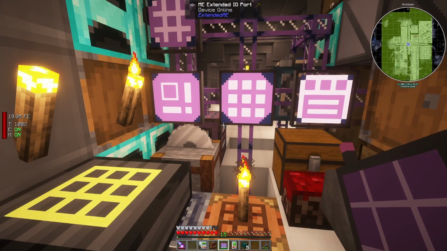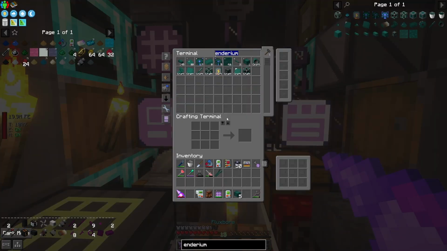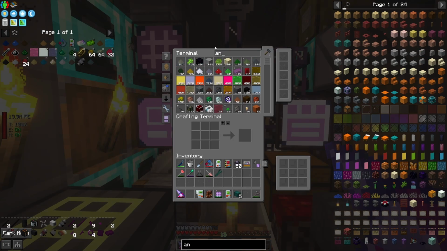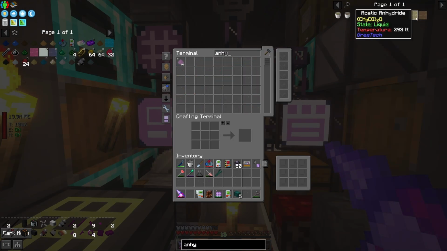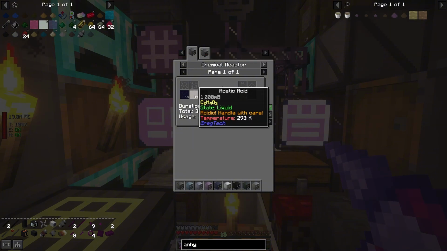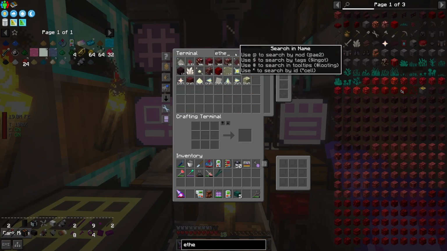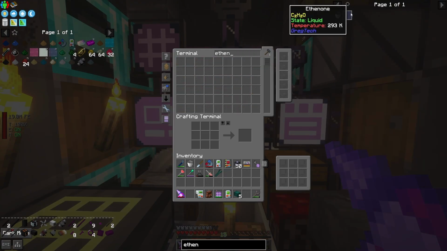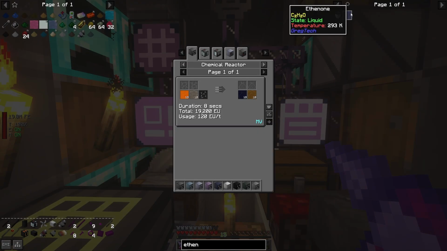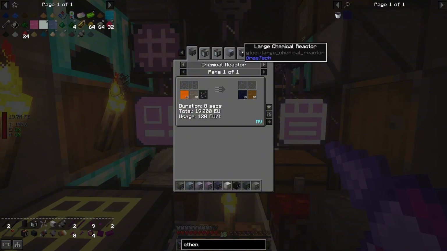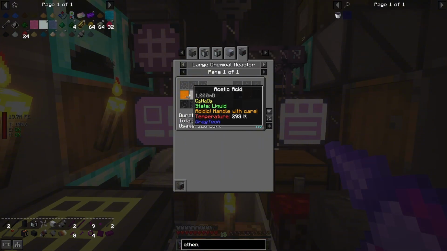Let's do this. I'm gonna get, what does it say? Anhydride. It was acetic anhydride. So we're gonna need acetic and ethanone. I never set up ethanone. Okay, that's not gonna be a big deal.